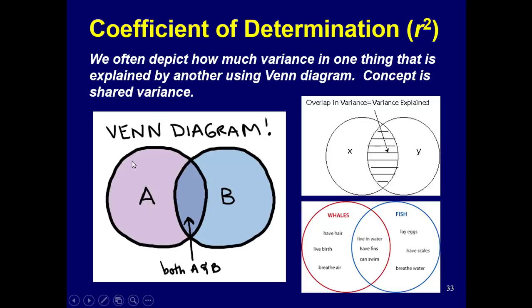So some people score over here, some people score over here, some people score over here, some people score over here. The variance, or the variability, or the spread on the B scores can be illustrated by this second circle. Some people score here, some here, some here. The shared variance, this is the explained variance, is what is illustrated by this overlap area.